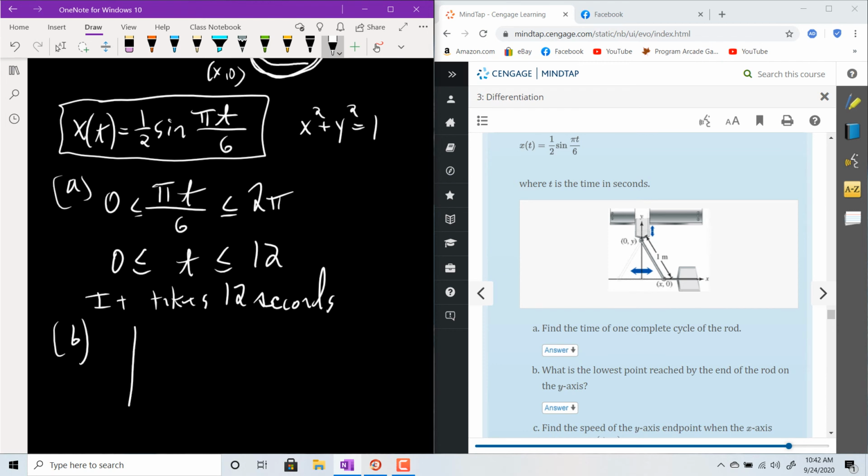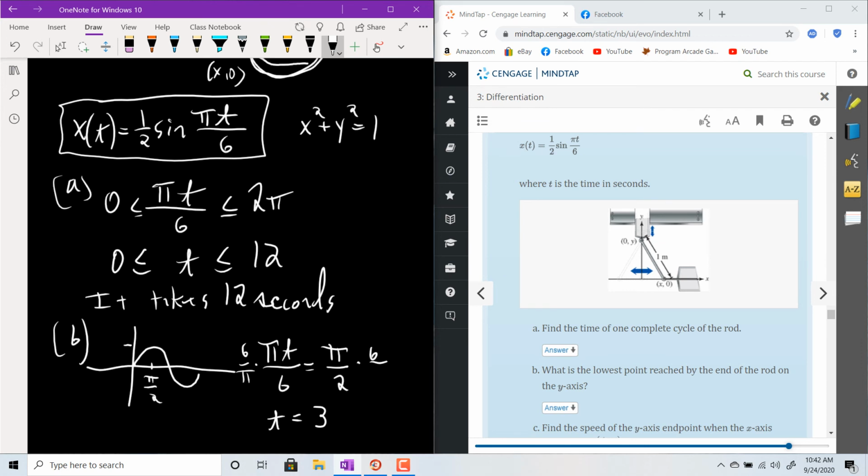If you think about the sine function as a graph, it hits its max value at pi over 2. So we want a t value such that pi times t over 6 is equal to pi over 2. Just solve that equation: t will equal 3 if I multiply both sides by 6 over pi. You'll get t is 3 seconds.